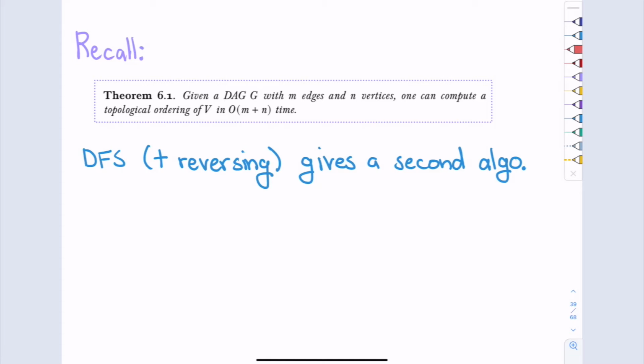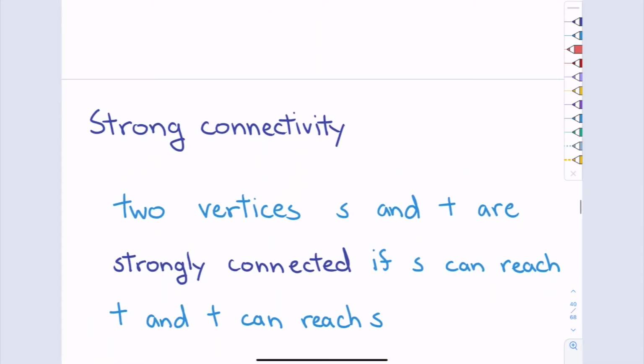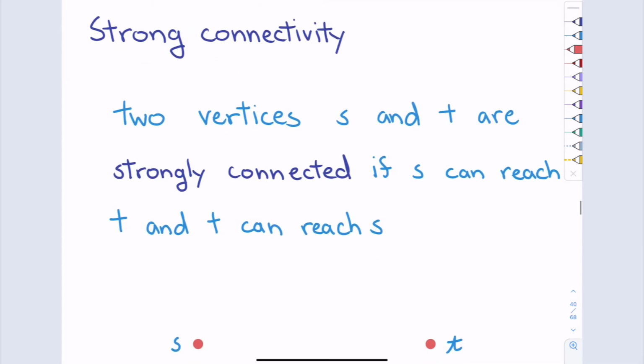All right, so now here comes our last section. And I think we have a good amount of time. Before, we were interested in this reachability question, which is posed a little asymmetrically: can S reach T?